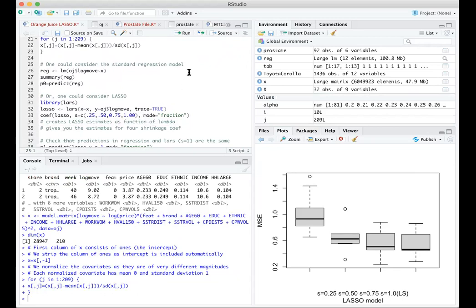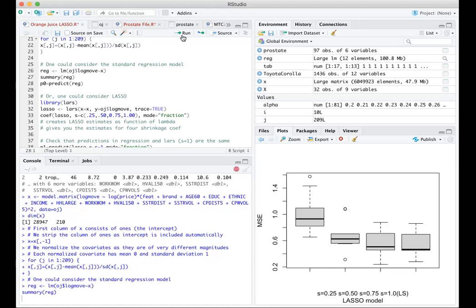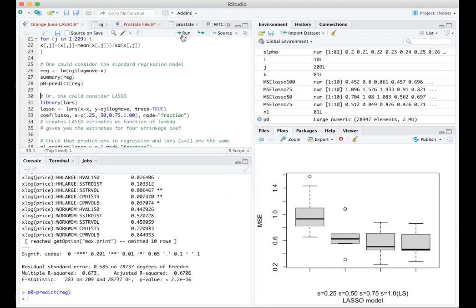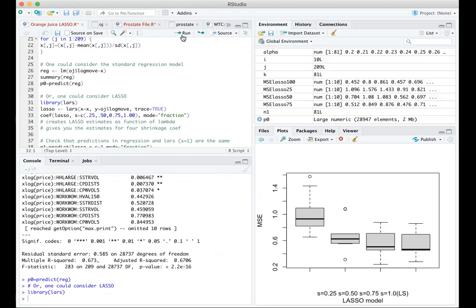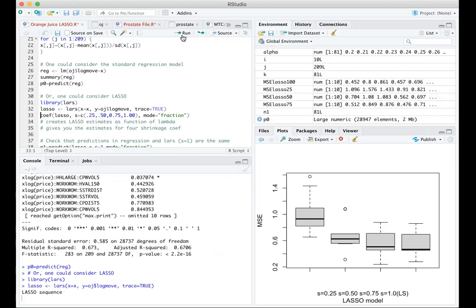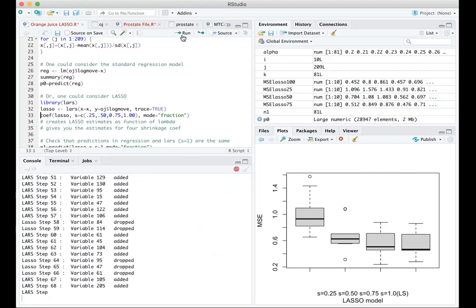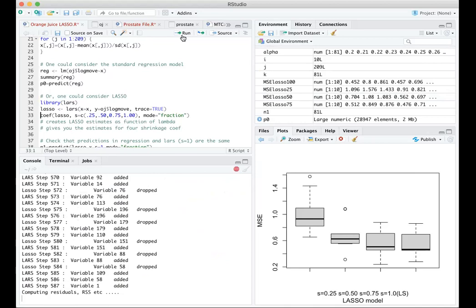Now, one could consider the standard regression model. We get the summary of it and we predict the regression. Or one could consider LASSO, where we have to load LARS, and we do the lasso of x equals x and y equals oj, and we get the coefficients where s combines 1/4, 1/2, 3/4, and full.